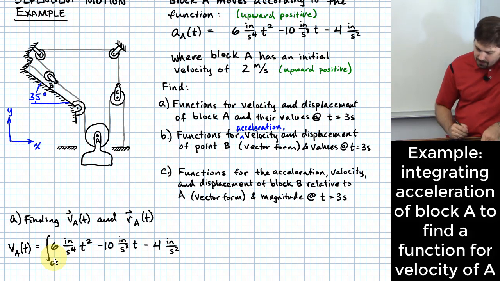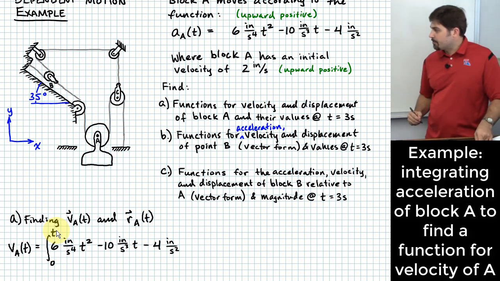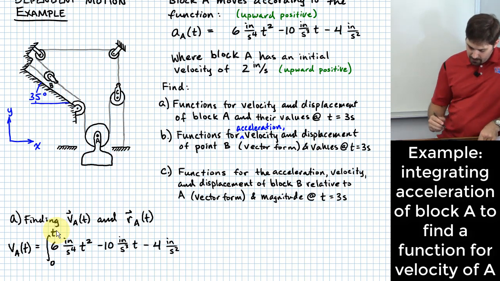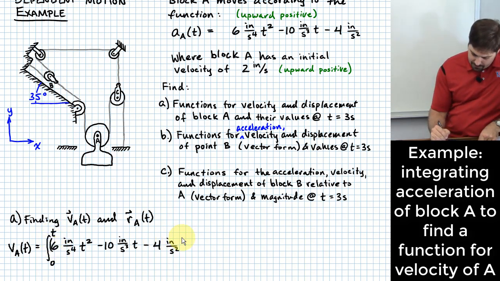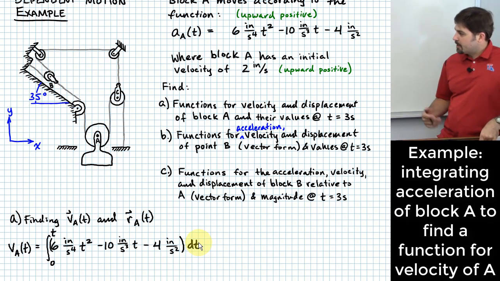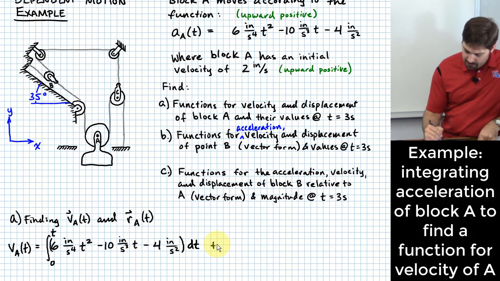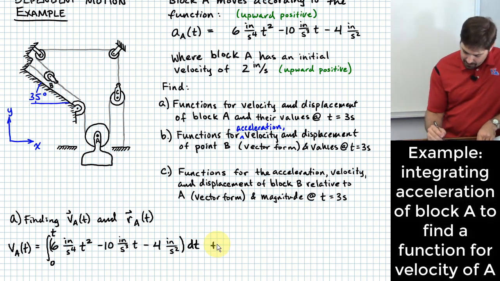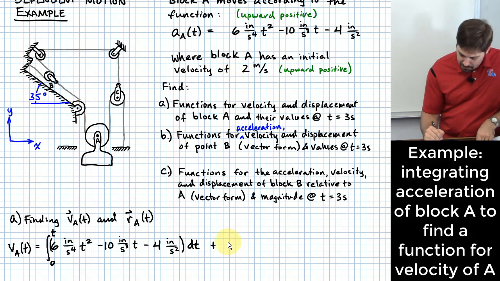To go from acceleration to velocity, we have to integrate. We integrate from 0 to whatever time t we want to stop at of all of this stuff dt. This isn't quite enough, though, because we also need to add on whatever our initial velocity is. Our initial velocity happens to be 2 inches per second.